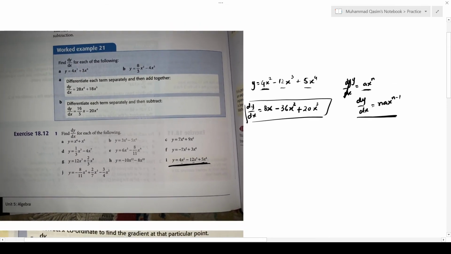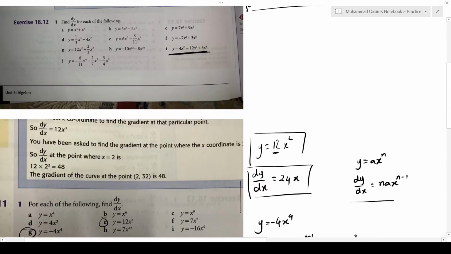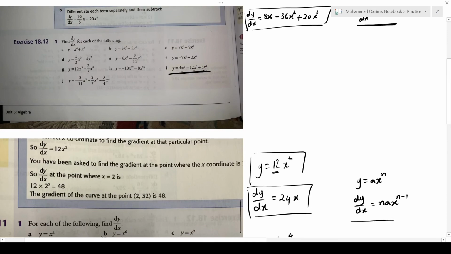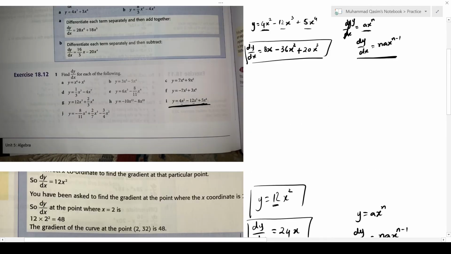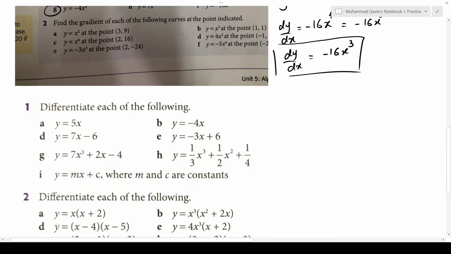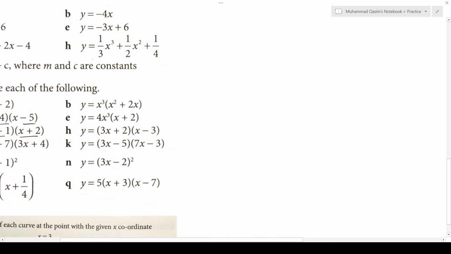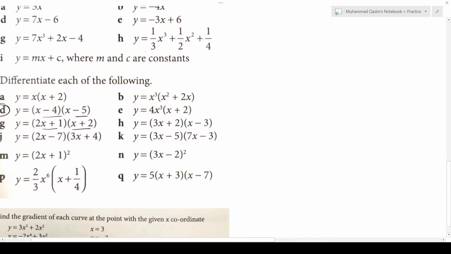Now remember, on the internet you may find product rule and the quotient rule, which is not a part of the Cambridge syllabus. But for example, if you do get a question in which you have two factors, like if I pick any of the questions here, for example part D, it says y equals x minus 4 times x minus 5.